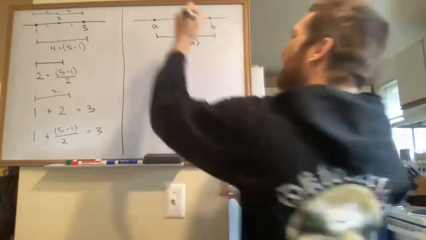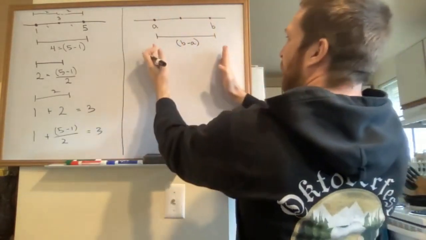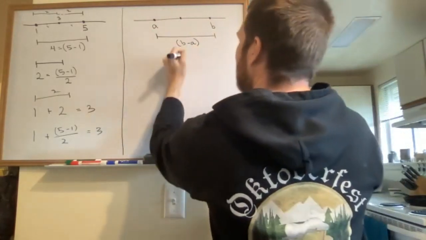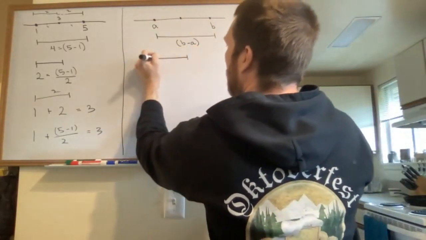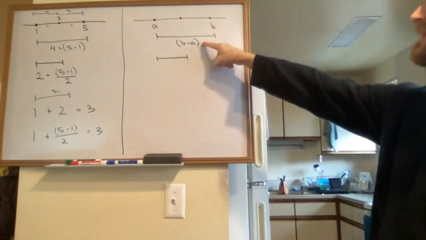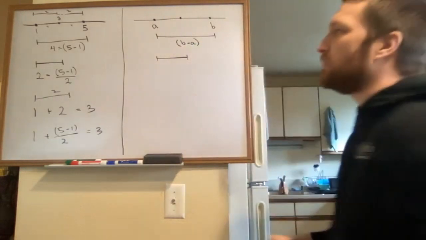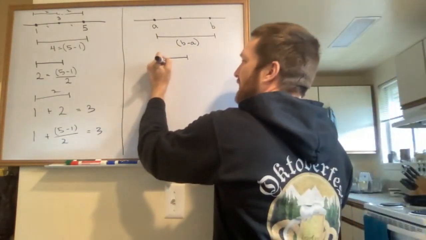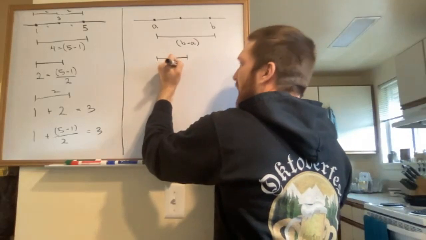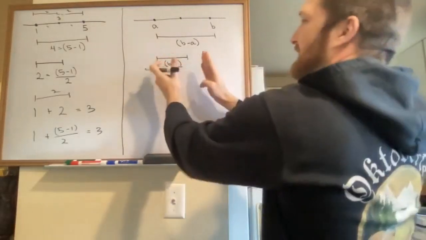Now, if we're trying to end up in the middle of those guys, it would be nice to know what half of that distance is. So how do I write half of that distance? What do I need to do to that number right there? Divide it by 2. Whatever that number is, B minus A, whatever it happens to be, I take that number, divide it by 2, and that should be that distance.